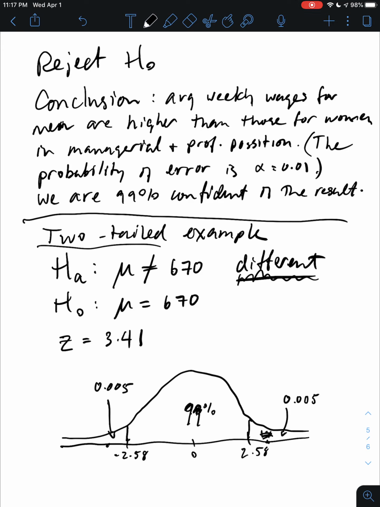Our Z value, I mean. So in this case, our Z value is again 3.41. It's still in the rejection region. So this is reject. This is reject. This is accept.